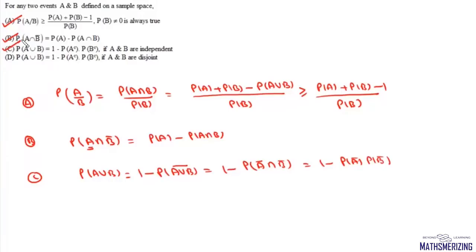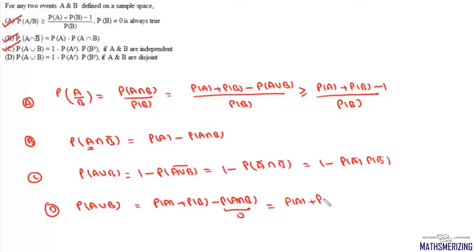Now what about option D? If A and B are disjoint, then we can write probability of A union B as probability of A plus probability of B minus probability of A intersection B, which in this case will be 0. So it will be simply this PA plus PB, and we cannot write it in this form. So the correct options are A, B and C.